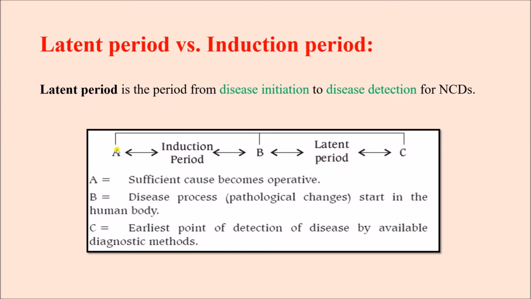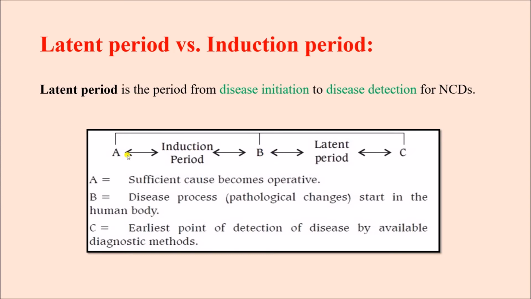So when all these risk factors start acting together on the body, that is considered as point A. When these risk factors start acting together, it will take a little bit of time until there is any change at the cellular level in the body.